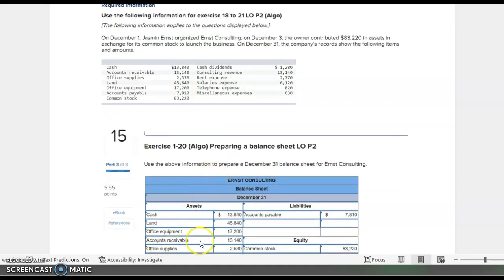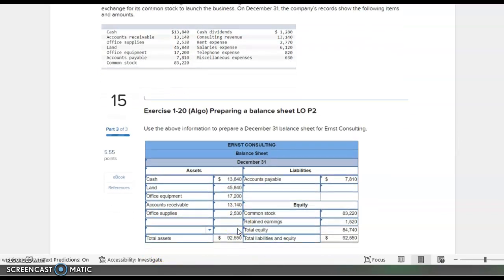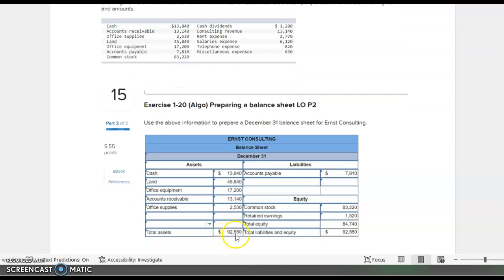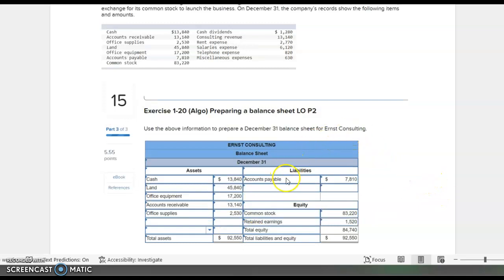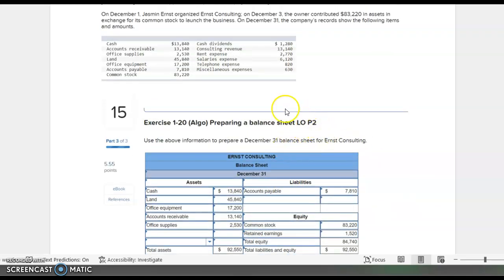Our accounts receivable is an asset, $13,140, and then office supplies, $2,530, totaling our assets at $92,550.